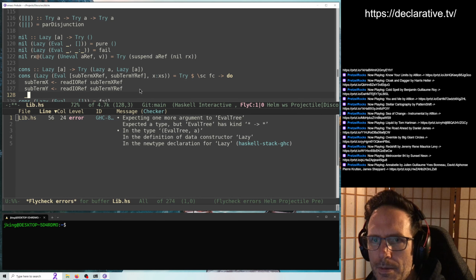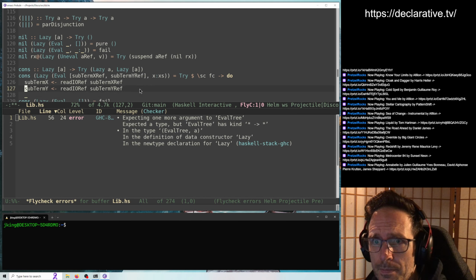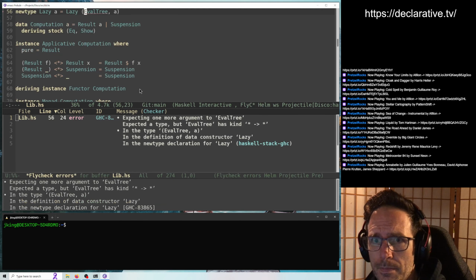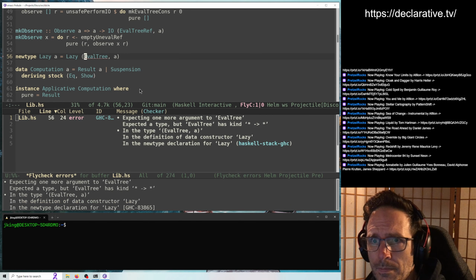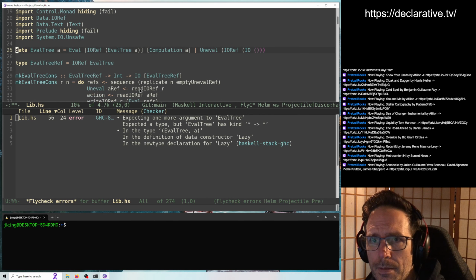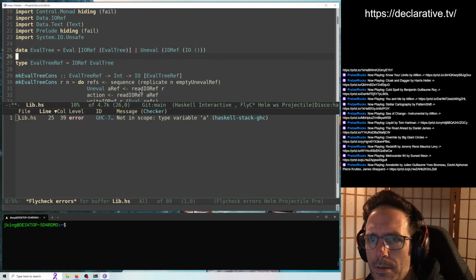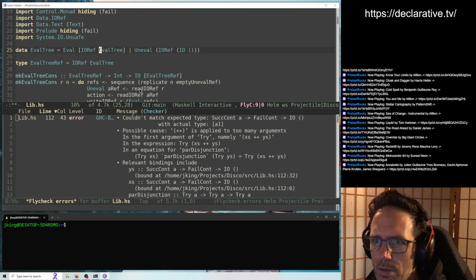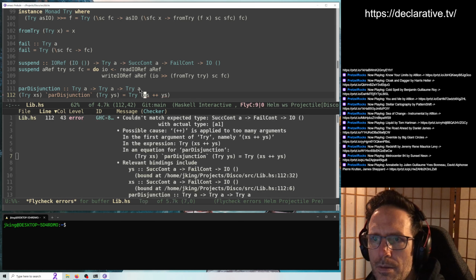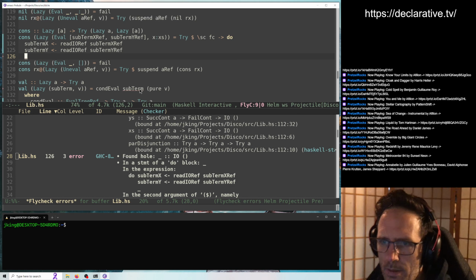Oh, we need to undo that. That's fine. Get rid of this. And the type parameter. And maybe the parentheses. Yeah, let's go past those for now. Okay, we're in IO right now.